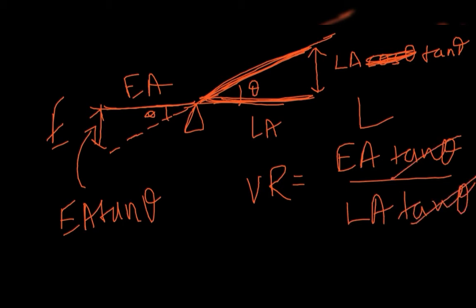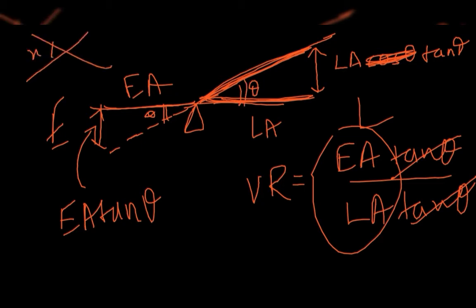This gets cancelled, so it is EA by LA. Understand why this is theta, theta? If there are two intersecting lines, vertically opposite angles are equal. This proof will never come, I'm just telling you how it comes. Now let's talk about the levers of the second kind. These things will not go into so much detail.